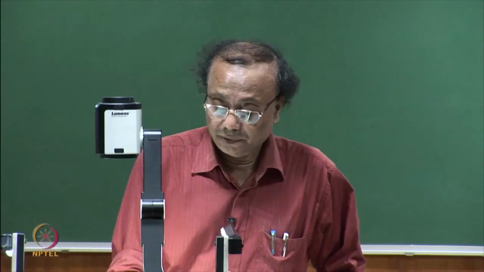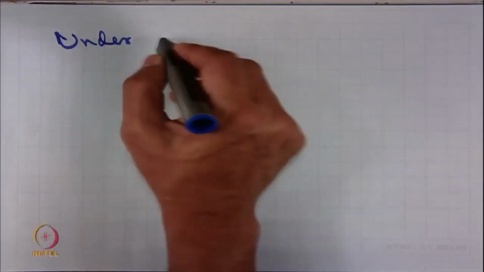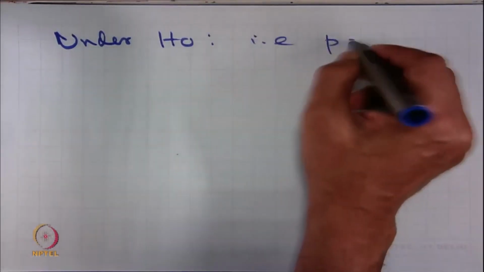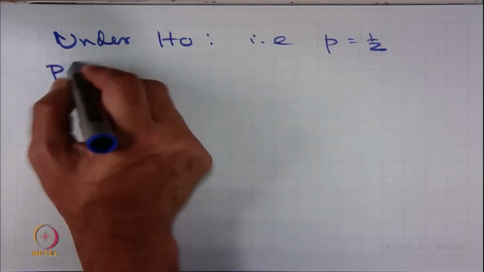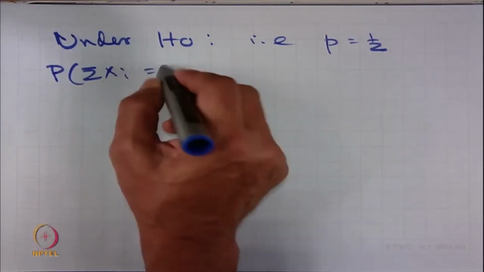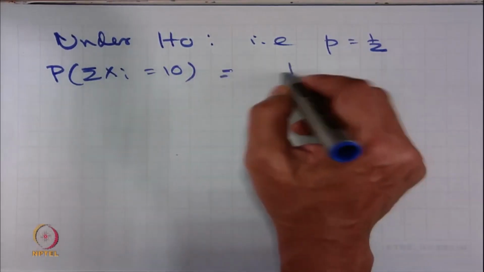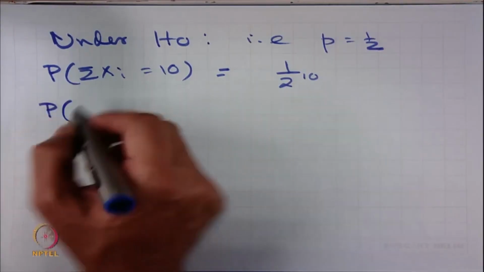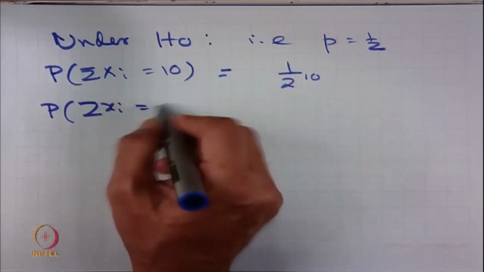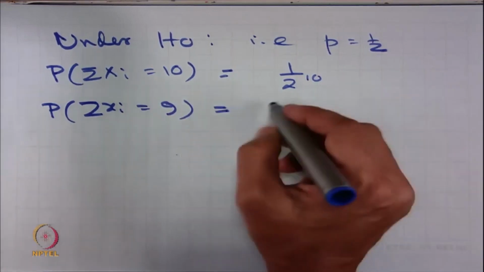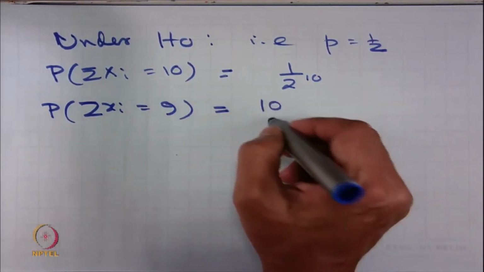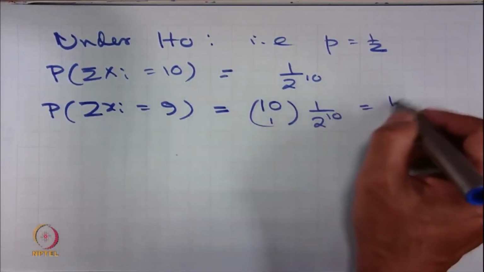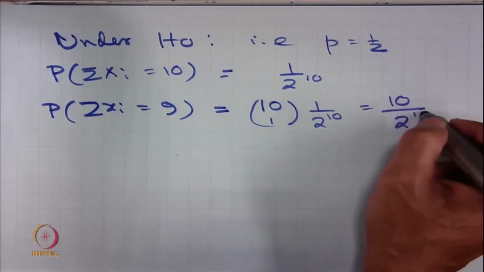Now, under H naught, that is p is equal to half, probability sigma xi is equal to 10 is equal to half to the power 10. Probability sigma xi is equal to 9 is equal to 10c1 half to the power 10, which is 10 divided by 2 to the power 10.